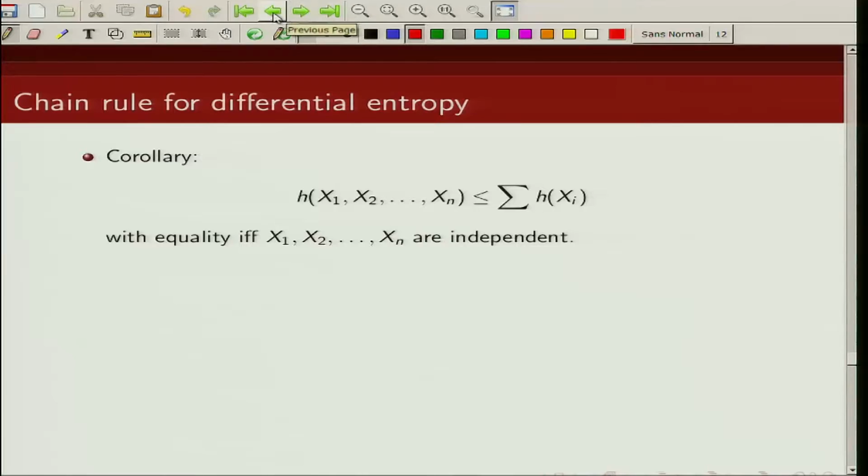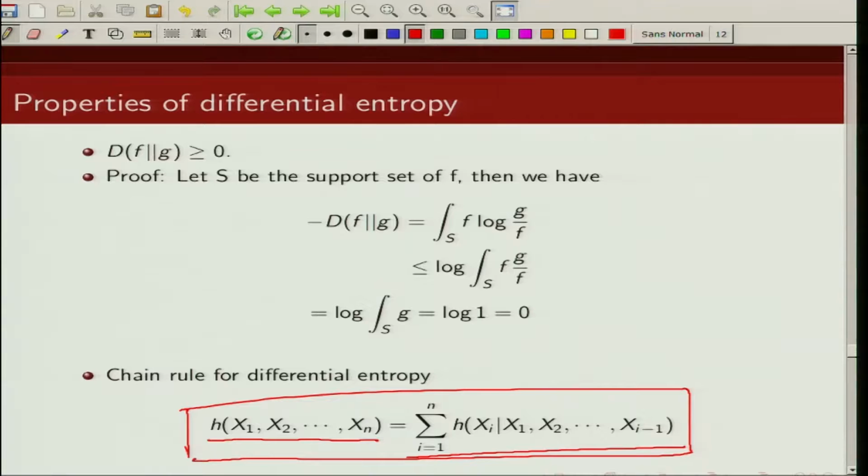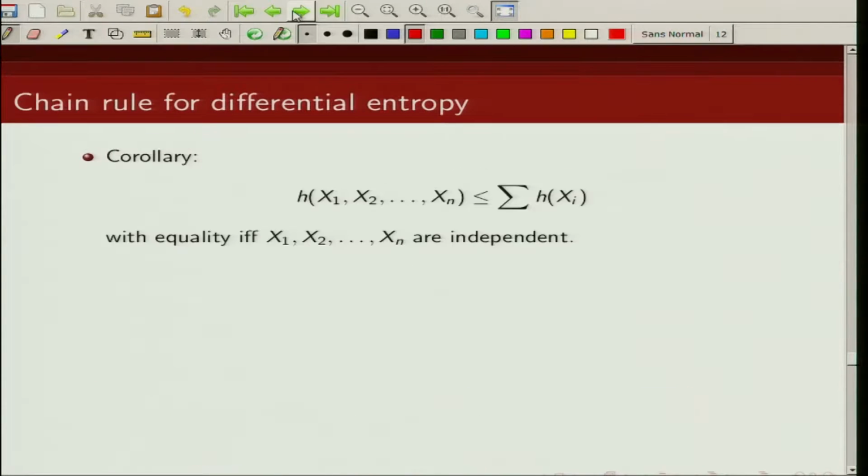So from the chain rule, if we apply this condition that conditioning cannot increase entropy, we get this condition. And of course this joint differential entropy is equal to the sum of individual differential entropies when these xi's are independent.